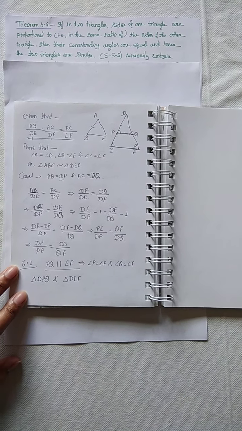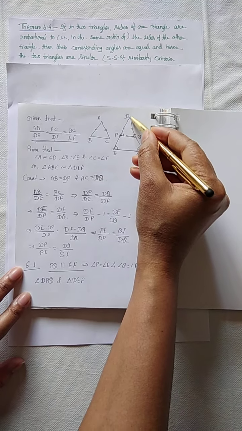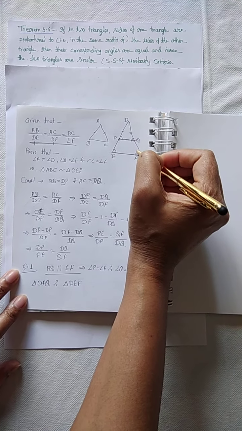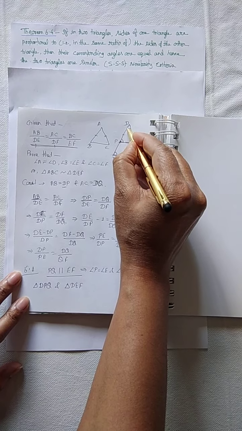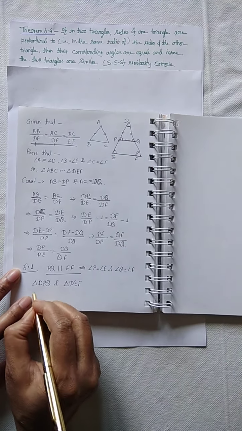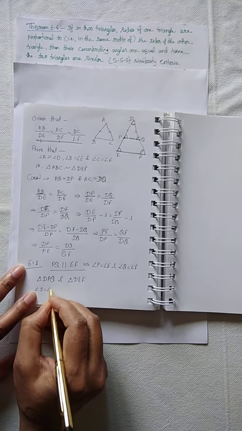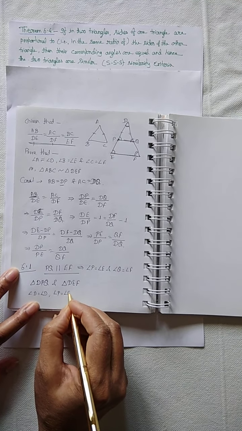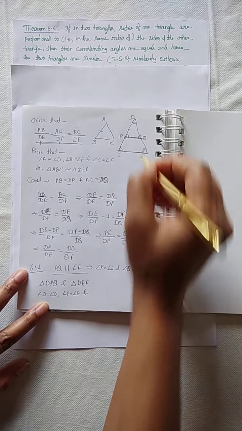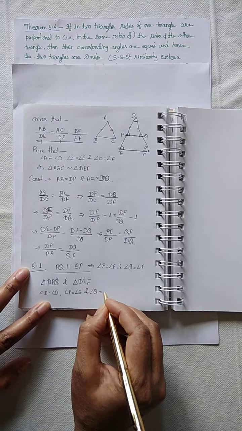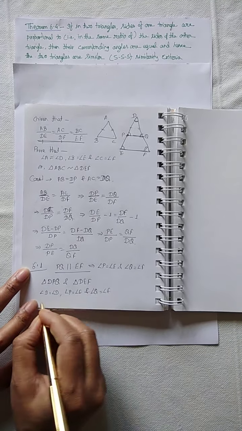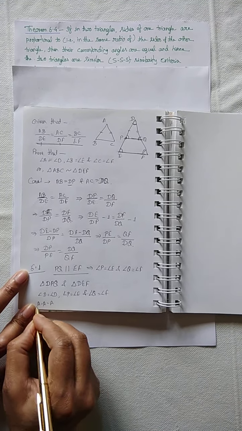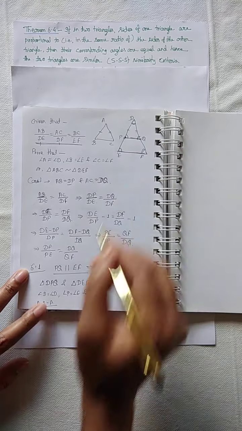Fine. So now we will take these two triangles, DPQ and DEF. In both triangles, angle D is common, and angle P equals angle E and angle Q equals angle F. So according to angle similarity, these two triangles are similar.